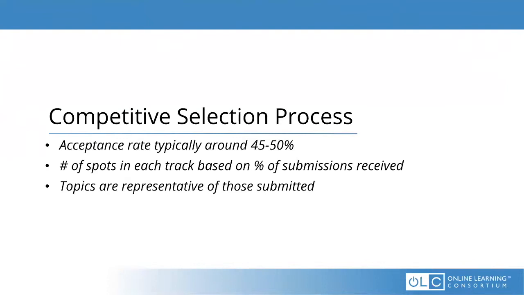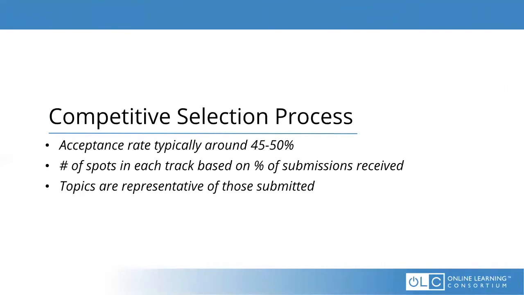There were a couple questions that I think we answered in the chat, but just for everyone's information, the breakdown of which sessions get allotted to which tracks and which session types is based on the percentage of submissions received in those areas.